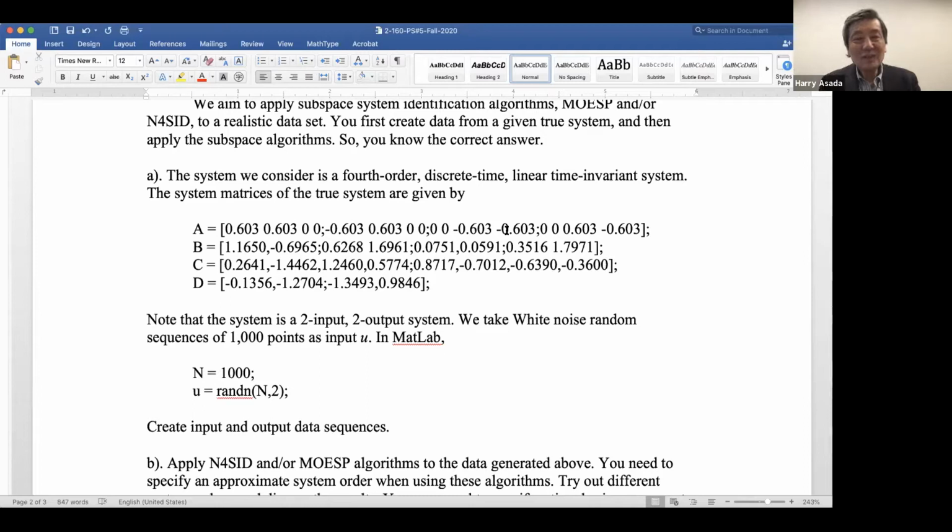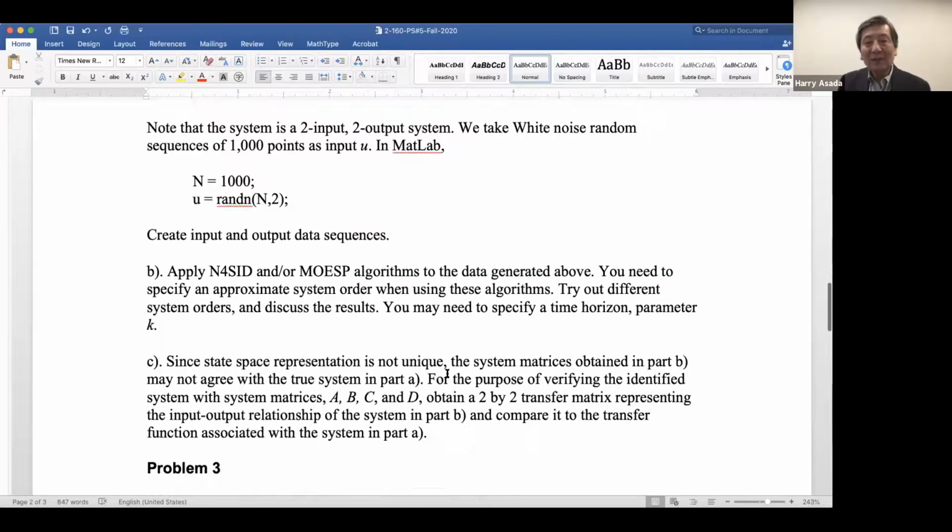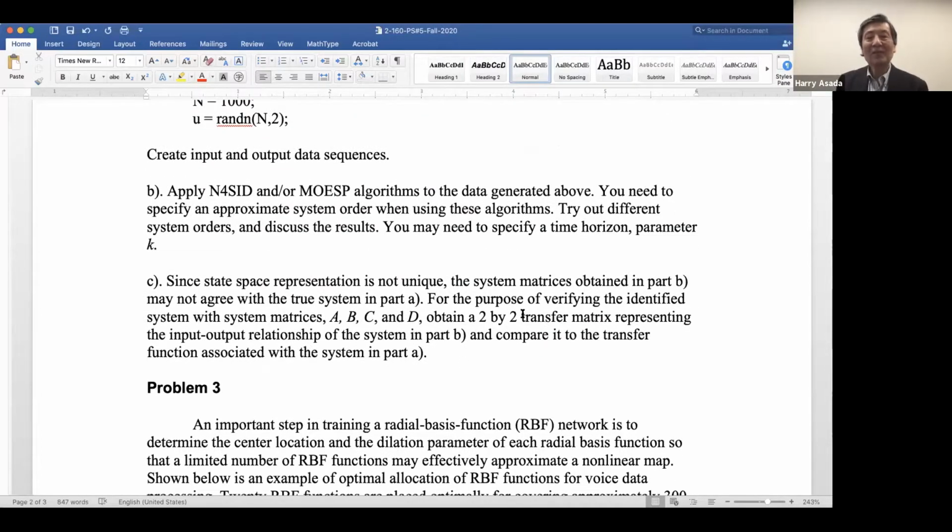That said, you have to provide the time horizon K. That's the estimated dimension when you construct the extended controllability and observability matrices. You need to use more than the actual number of state variables. So if the system order is 4, then K should be 5 or 6 or somewhere there. You provide that number, and that's one of the key parameters that you need to play with.